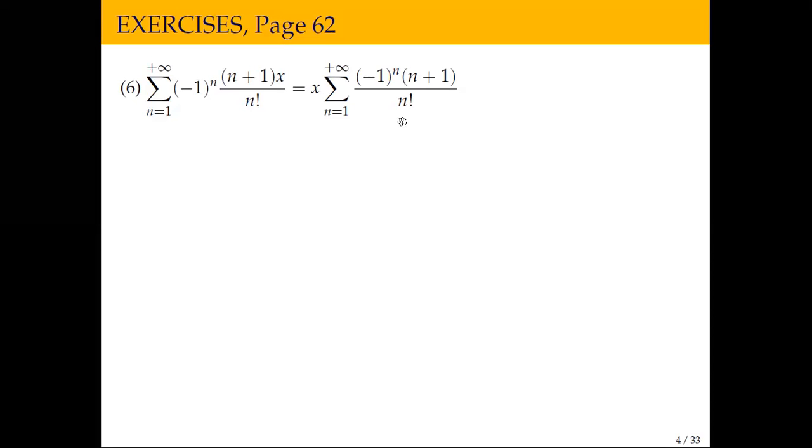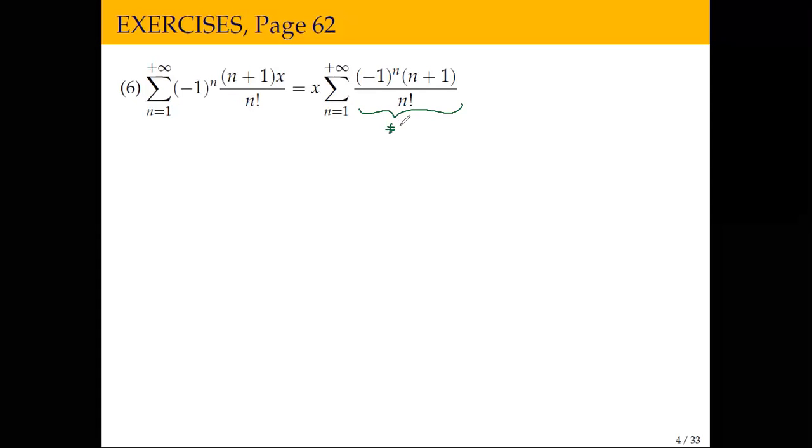As you can see, our n here ranges from 1 to positive infinity. Thus, each term in this infinite series is non-zero. Since each term in this infinite series is non-zero, we can apply the ratio test.